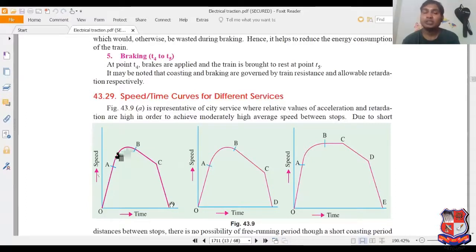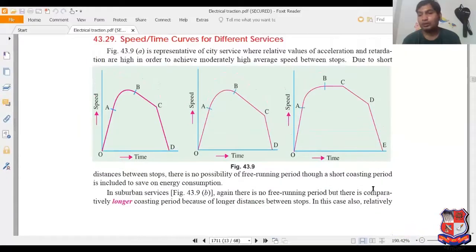That means the stations are too close to each other. That's why this kind of shape is attained. Then in the second case, the distance between two stations is a little bit more, and in the final case the distance between two stations is very high. So the shape comes like this.